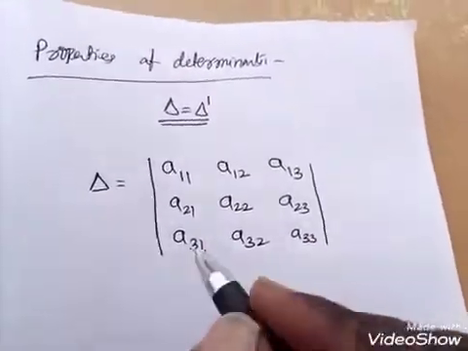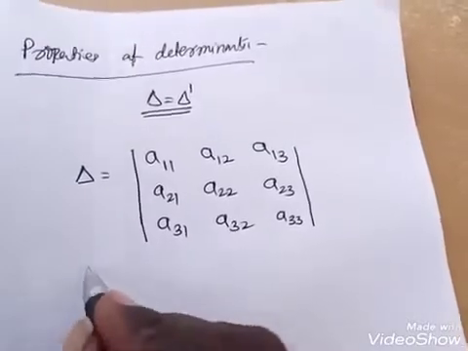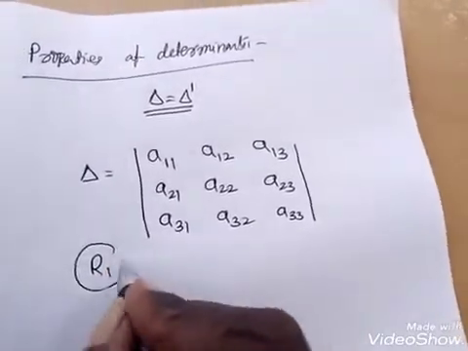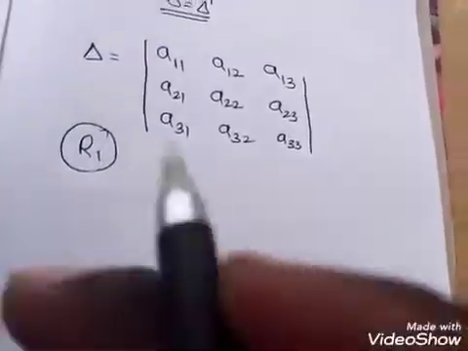This is the determinant. If I expand with respect to row 1, what are you going to get?